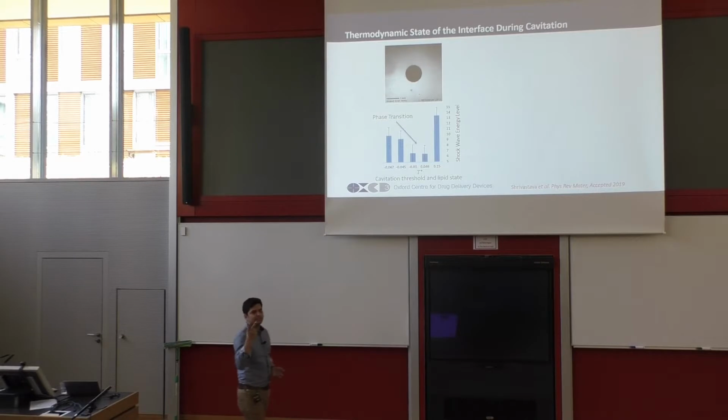We have two phase transitions here. One is that water goes to vapor when the negative pressure pulse arrives, and that's a totally different transition. And then we have lipids in the solution, and you can play around with them. At fixed temperature, you can bring in different kinds of lipids, which are in different states. And what we find is that the threshold for cavitation is minimum at the phase transition of lipids.